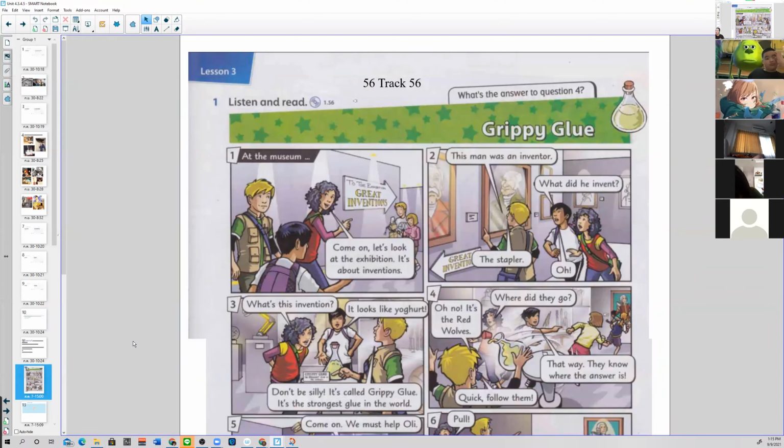What is so special about the grippy glue? What is grippy glue? Why is it in the museum? It's the strongest glue in the world. Yes, it's the strongest glue in the world. Good job.